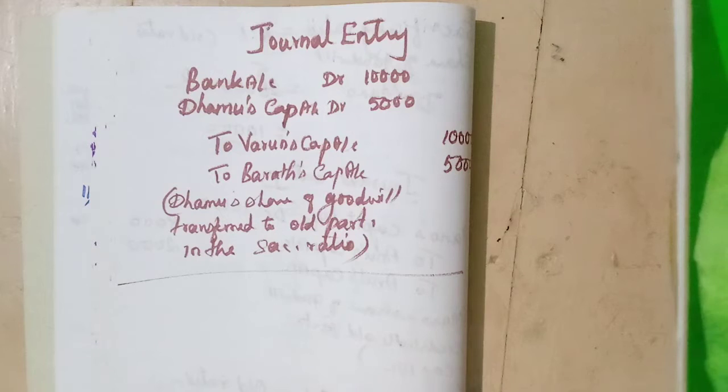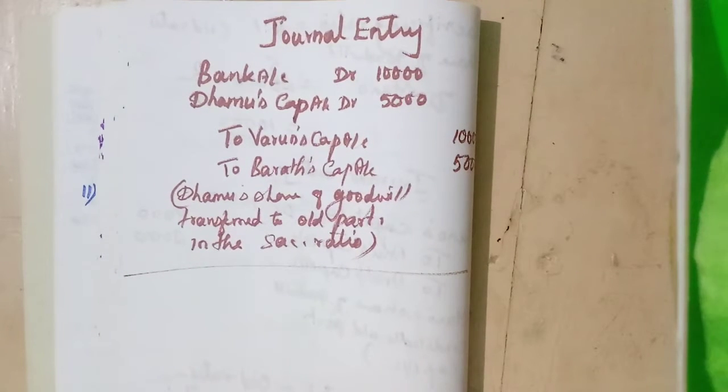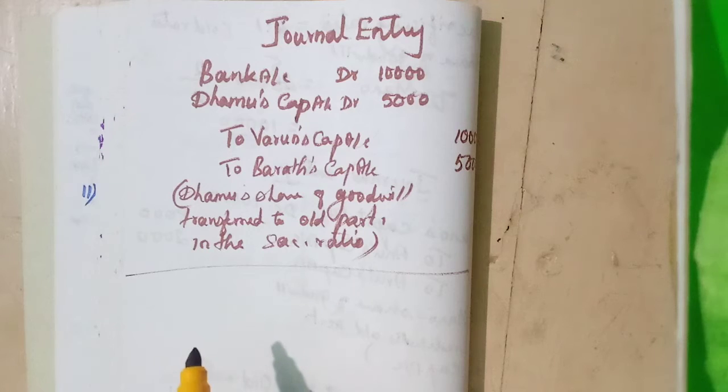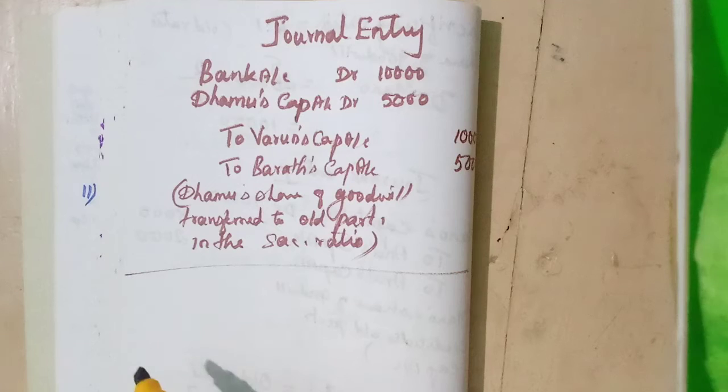In the books of accounts, the goodwill appears in the balance sheet. Where? In fixed assets, on the asset side. That goodwill also will be written off and given to the partners' current account.